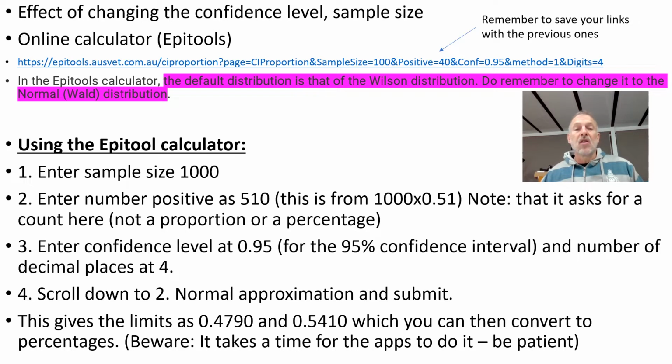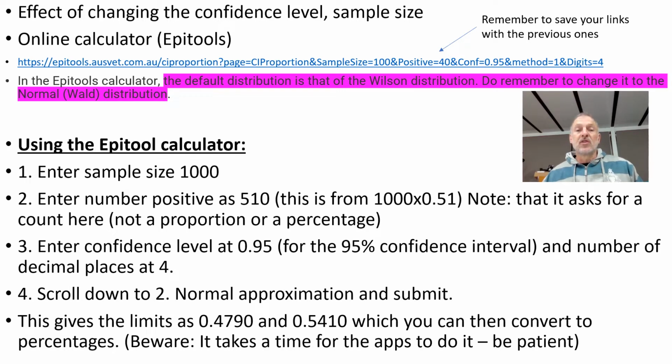Note that it asks for a count here, not a proportion or a percentage. So a count. Number 3, enter the confidence level at 0.95 for the 95% confidence interval and number of decimal places at 4. Number 4, scroll down to 2, normal approximation, and submit it.